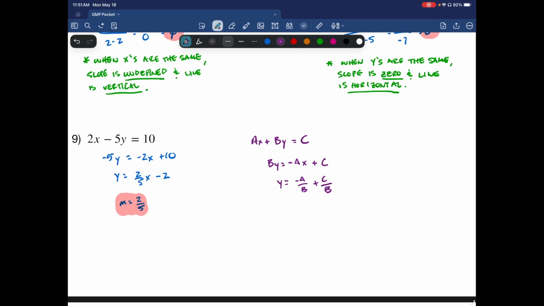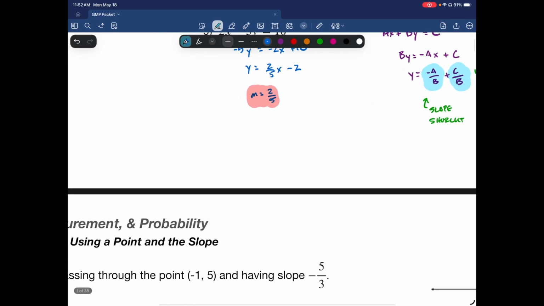So if it's in the general form or standard form, you can see real quickly that there are shortcuts you can use to find the slope and the y-intercept. So you have a slope shortcut and a y-intercept shortcut if you choose to use it, but you don't have to. You can always just solve for y and go about your day.